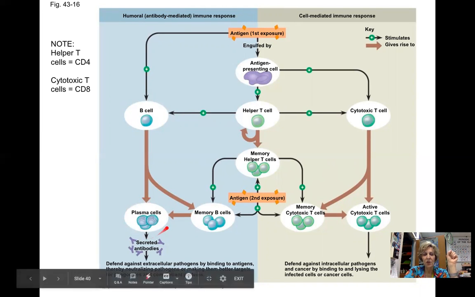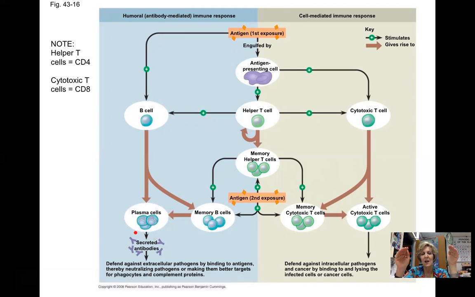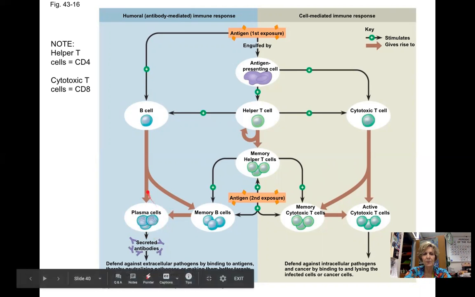One population of cells we call the plasma cells. And the plasma cells we're going to see are going to secrete antibodies. Think of antibodies as protein handcuffs. That's basically what they do. They bond to the antigens on the invading cell, and they kind of immobilize it, just like a handcuff would.